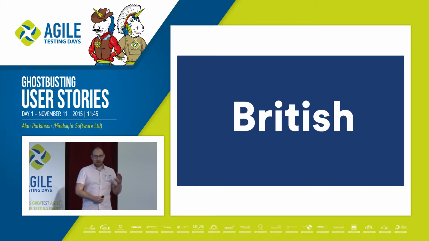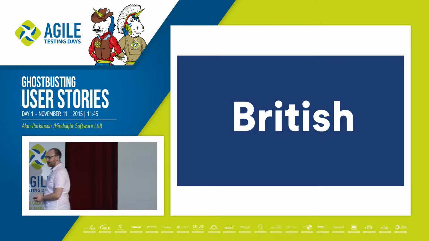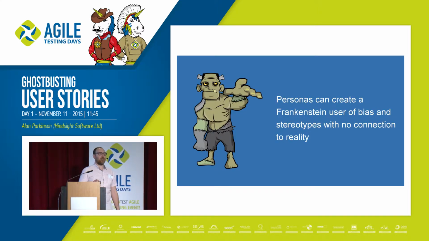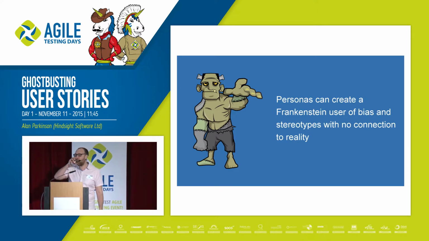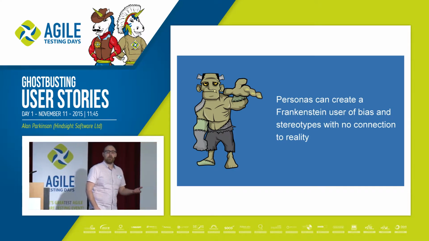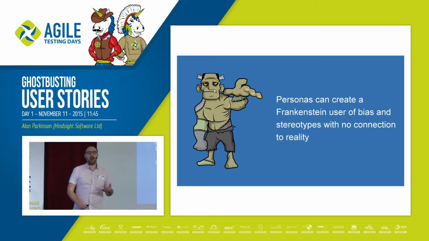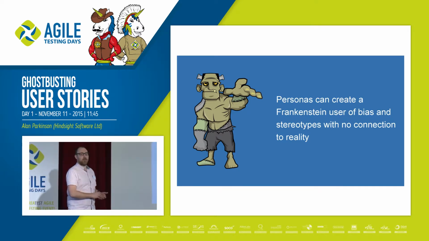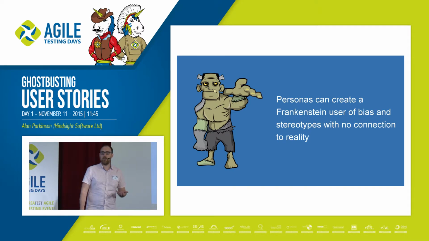So personas aren't perfect. You have to construct them carefully. Particularly, you end up with Frankenstein users. Because the other part of using personas is you're meant to come up with a memorable name. And in marketing, you're actually encouraged to use stereotypes. We know stereotypes imply bias. In particular, in a lot of personas, I see gender stereotypes and bias.